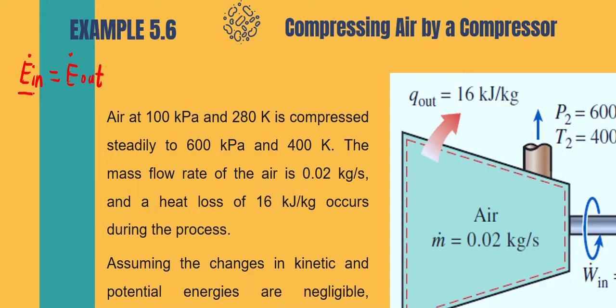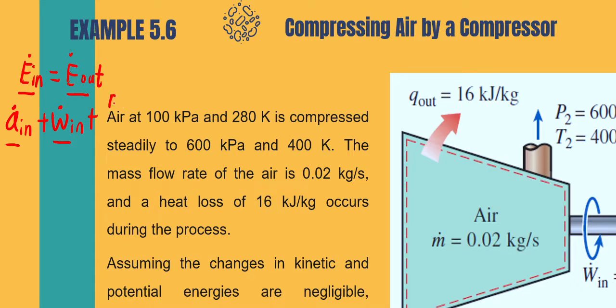And how do you derive all the energy in and energy out? So energy in equals all the heat in plus W in plus, this is energy transferred by heat, this is energy transferred by work, and then plus energy transferred by mass.